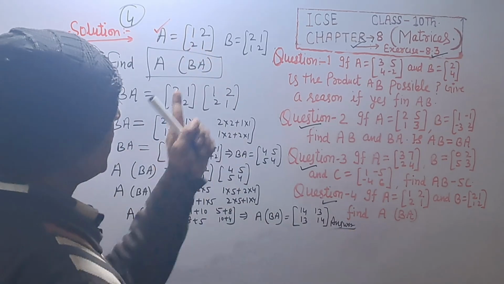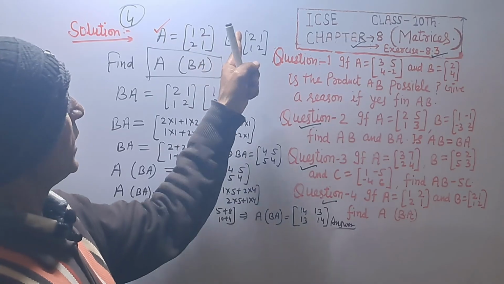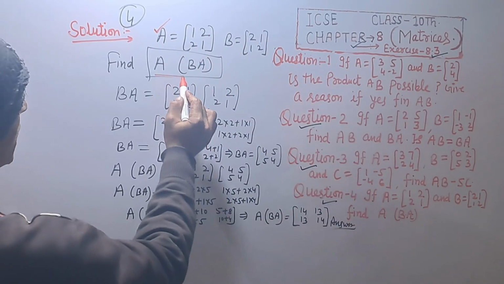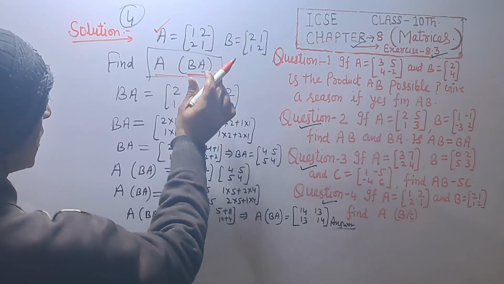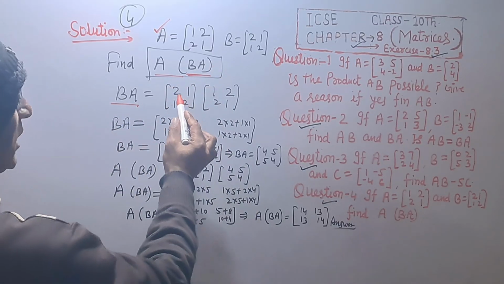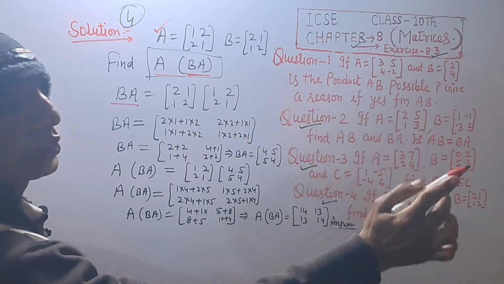Answer. Given A and B is 1 2 2 1 and 2 1 1 2, we find A into product of BA. First we find the product of BA. B is 2 1 1 2 and A is 1 2 2 and 1.